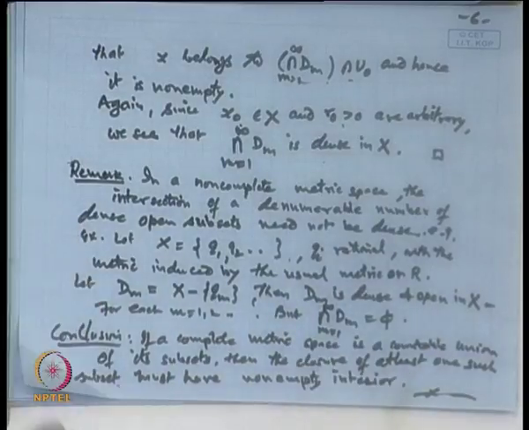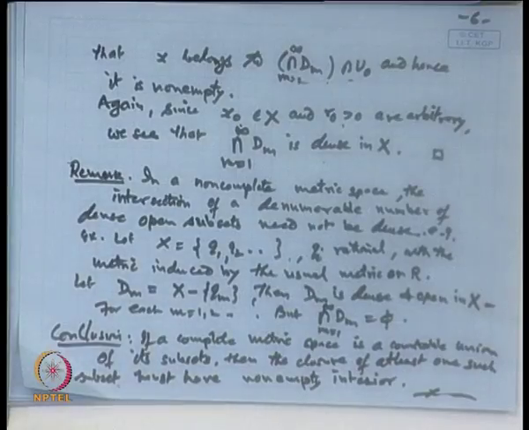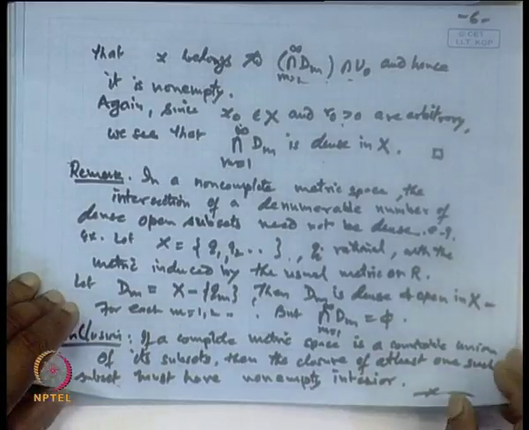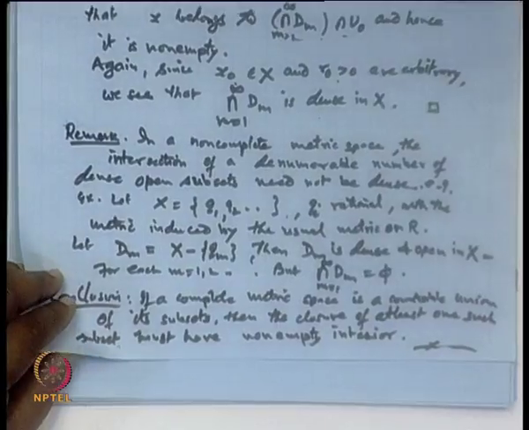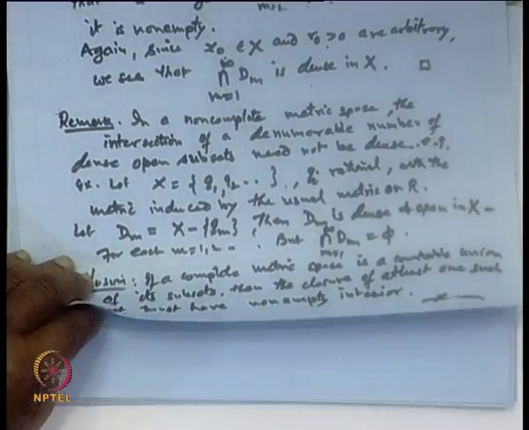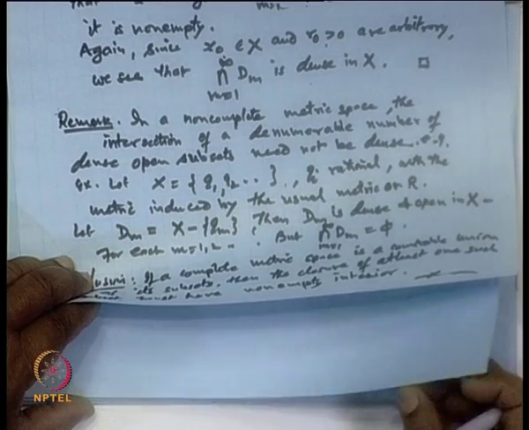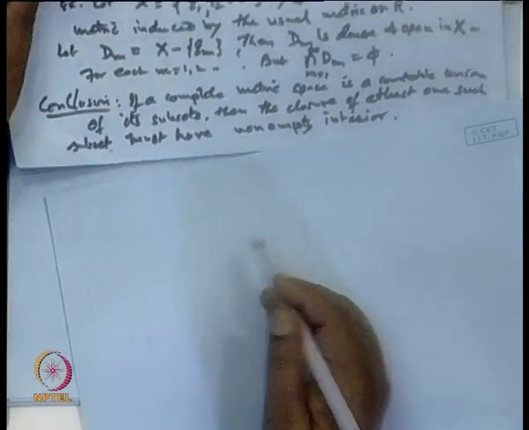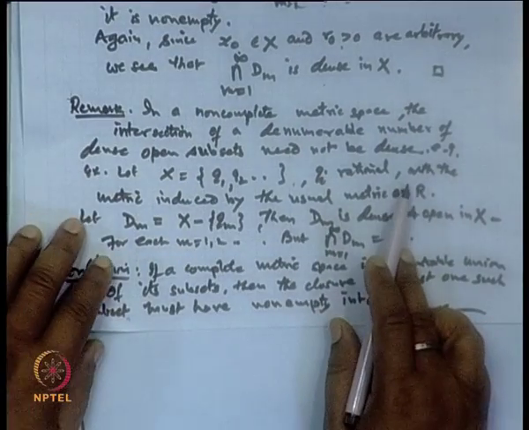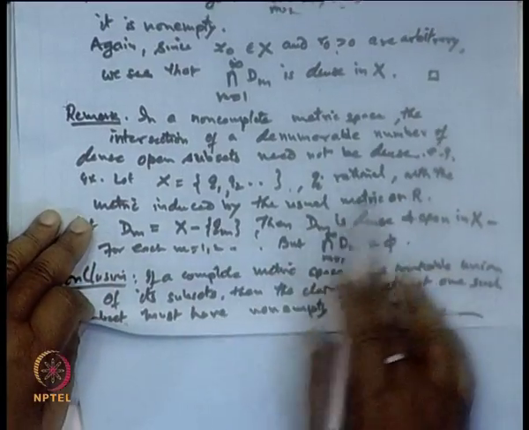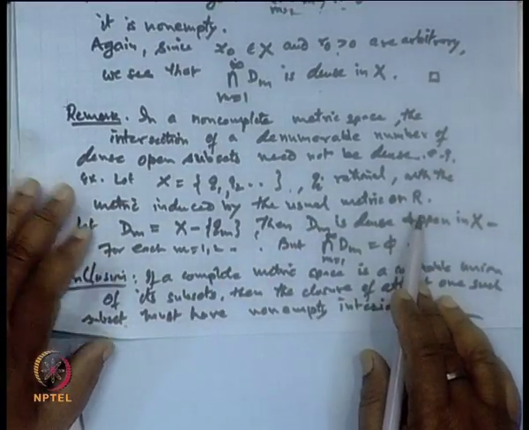Now, if we are taking x to be an incomplete metric space, then this result does not hold good. It means, in case of an incomplete metric space, the arbitrary intersection of dense sets need not be dense. So, it is like this. Suppose I take the set q 1, q 2, q n of rational numbers, X, with the metric induced by the usual metric on the set of rational numbers.